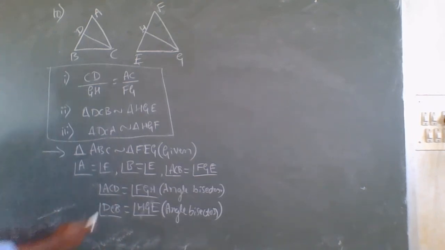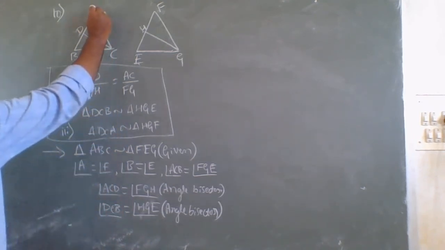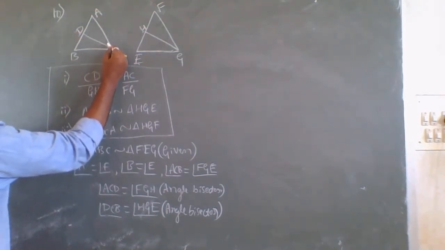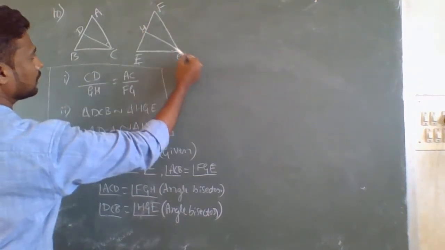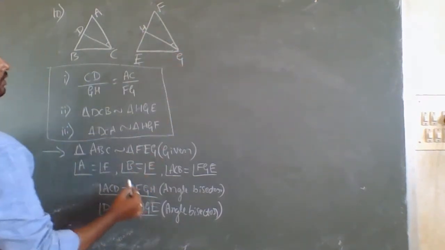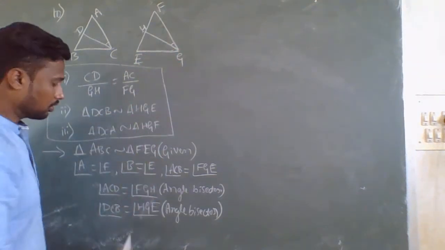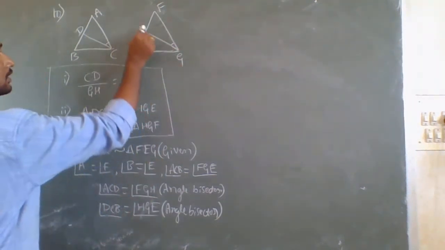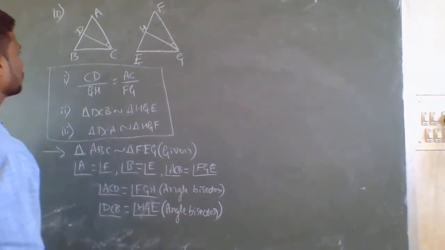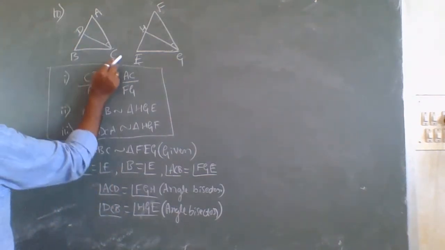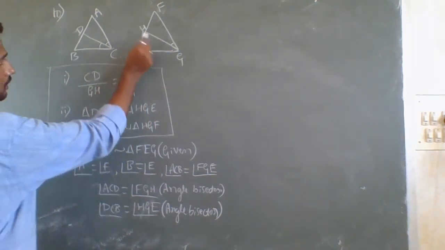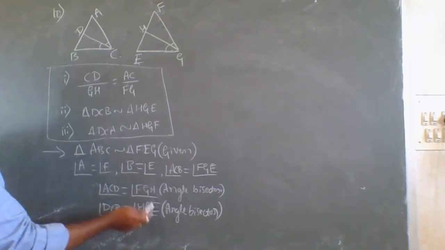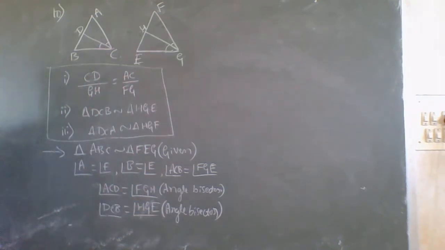Now again we can write that angle ACD, this angle, is equal to angle FGH, this angle. These two angles are equal because CD and GH are angle bisectors. Therefore, angle DCB should be equal to angle HGE, because these two are angle bisectors CD and GH.